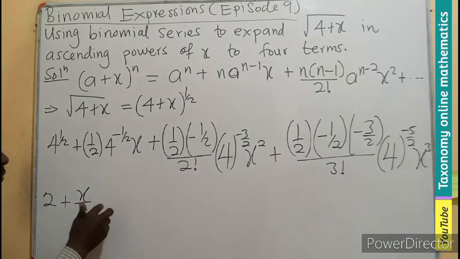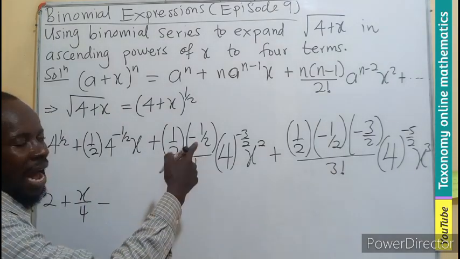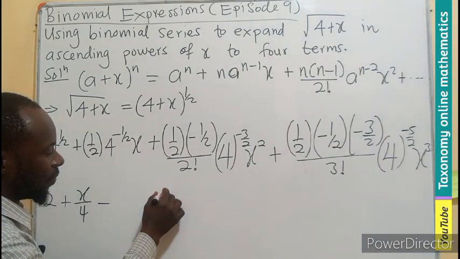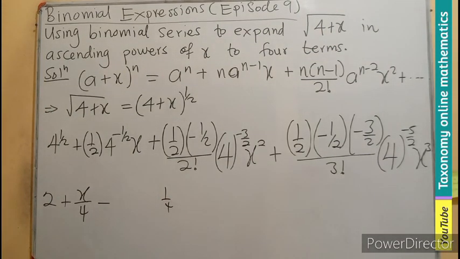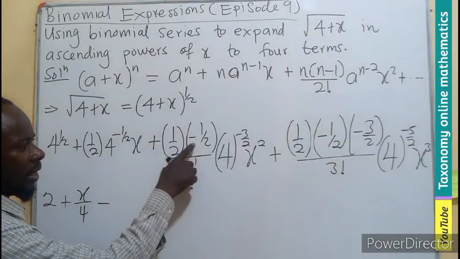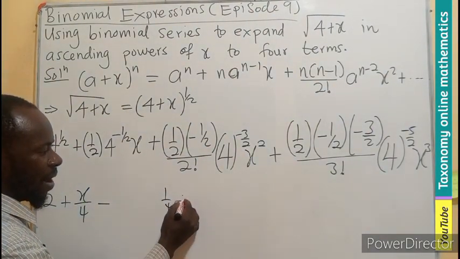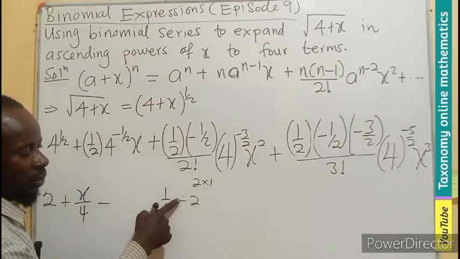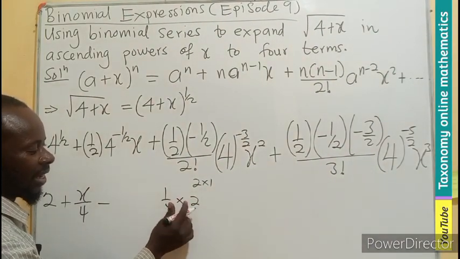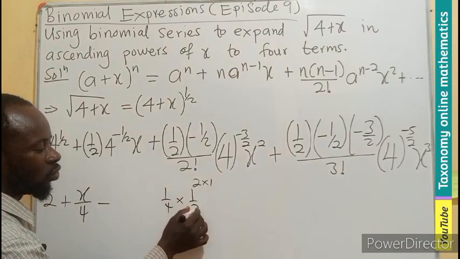Plus, this is having a negative times positive, so our answer is going to be negative. Half times half will give you 1 over 4. This is going to be divided by 2 factorial, which is 2 times 1, that is 2. Then we change this to multiplication and change this to 1 over 2.